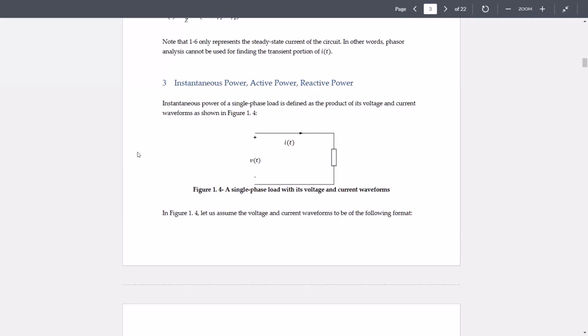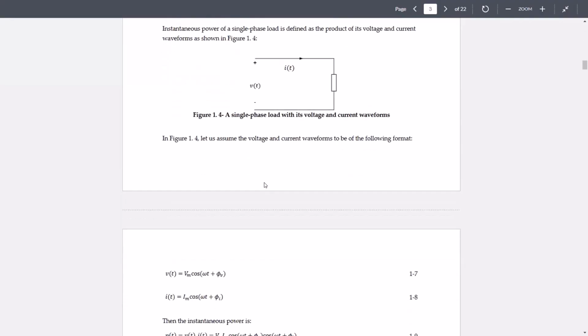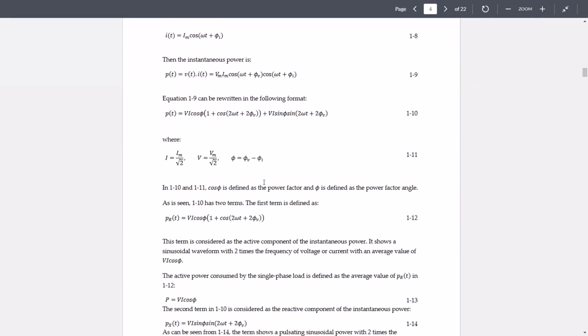So your generator is generating that power, your load is consuming that power on the average over time. So this is the representation of some work that is being done in your network because of the actions of the generators and your loads. Your generators would generate that certain amount of power on average, and your loads on average would consume that power. So this is called the real or active power.